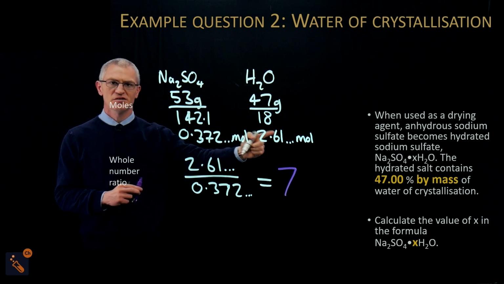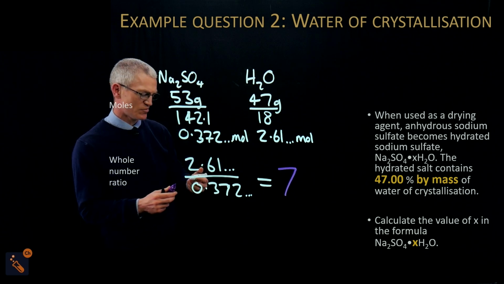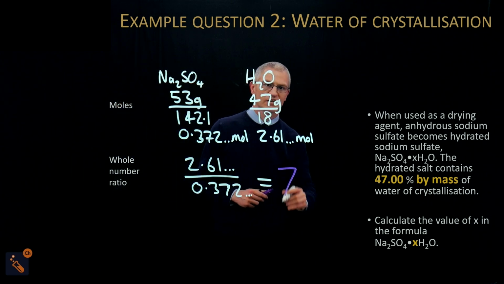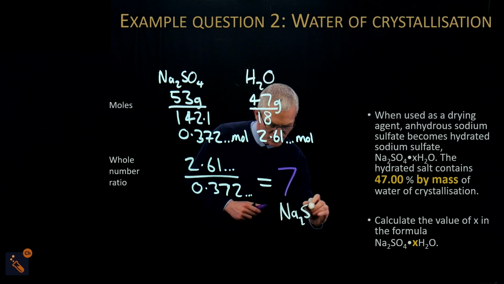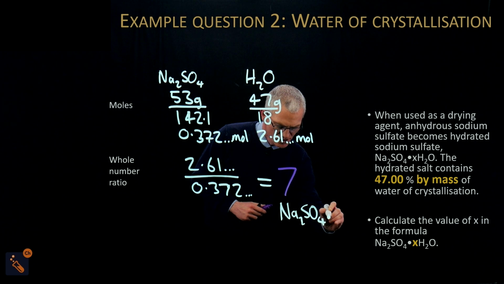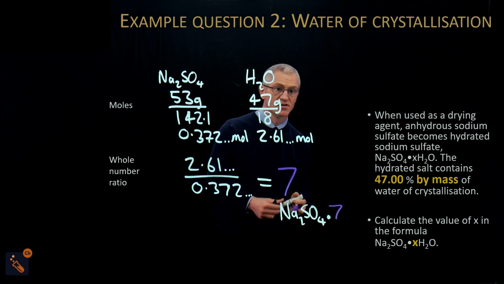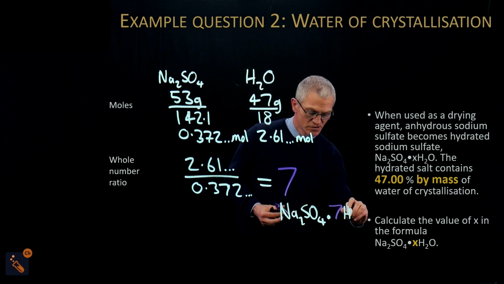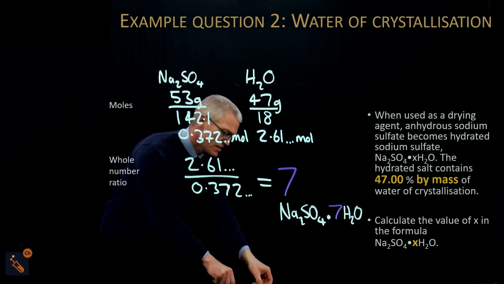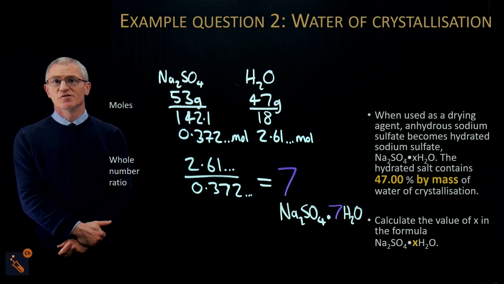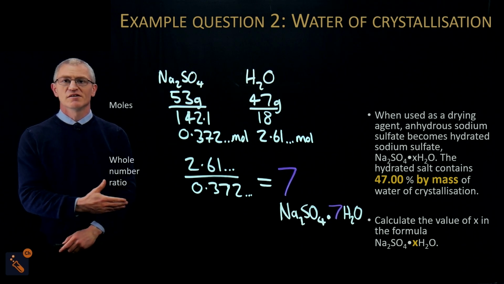Take the largest number, divide it by the smallest number, and we should get the number 7. That means the final formula will be Na2SO4 dot 7H2O. And that is how you work out the empirical formula when you're just given the percentage by mass for the water of crystallization.